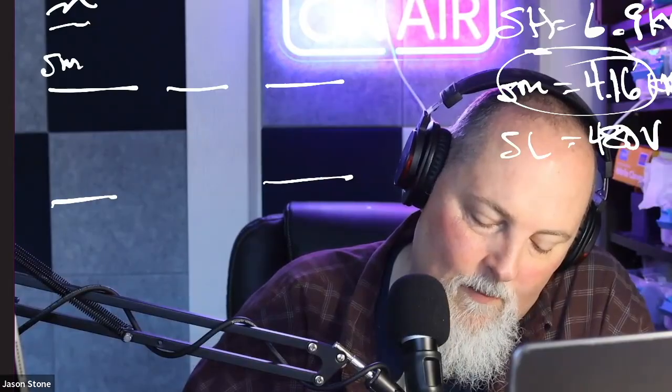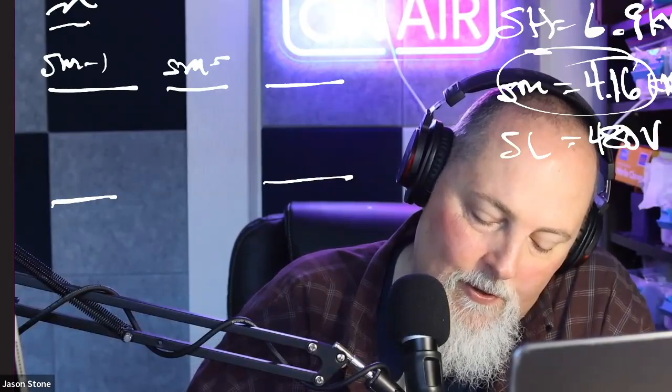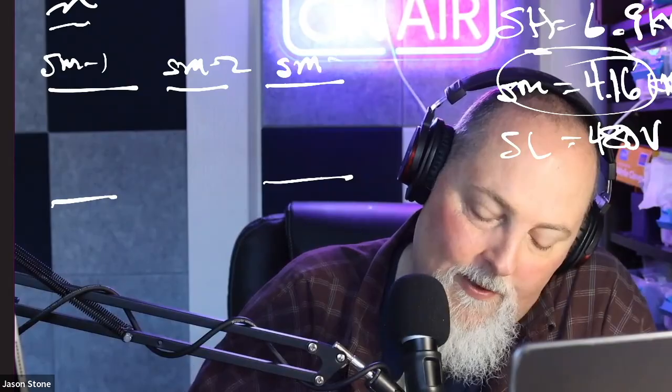And then we have SL, which is low, which is 480 volts. So those are the voltages we're talking about: SM, SH, SL. These 5 buses that I drew are all SM buses, 4,160 volts. And this is SM1, SM2, and SM3.